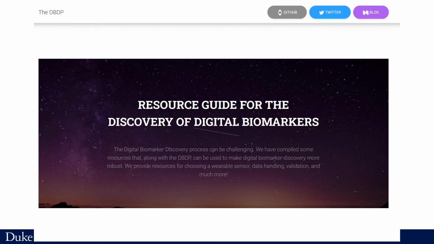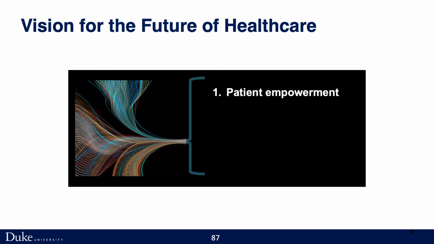So finally, bringing all of this together, the vision for the future of healthcare is that we use digital data to empower patients to be able to understand their own physiologic information and to be able to put that into context based on their own past history and based on the general population.